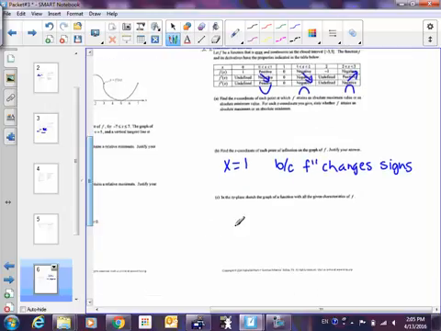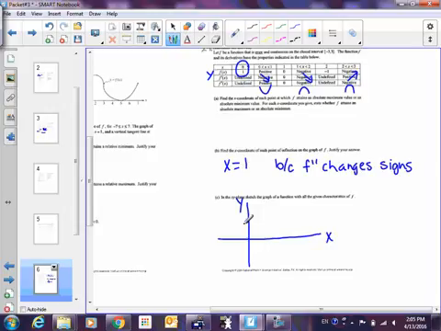Okay, look what they're asking you to do in part C. Graph f. Sometimes these are really tough. Sometimes they give you a lot of hints. So if you look at the table, they're actually giving you whole points to plot. So see how this f of x row, that's just like y.